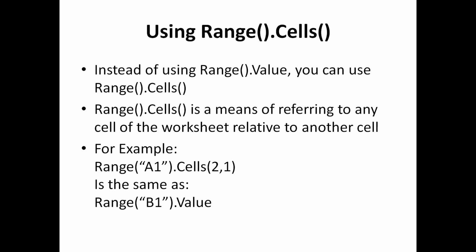Range.cells is a means of referring to any cell of the worksheet relative to another cell. For example, Range A1.cells(2,1) is the same as Range B1.value. How this works exactly will be illustrated in the next slide.